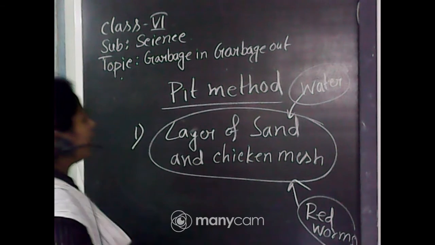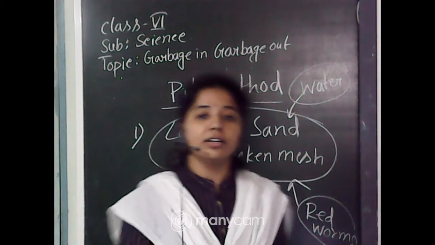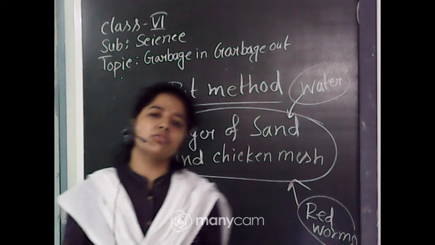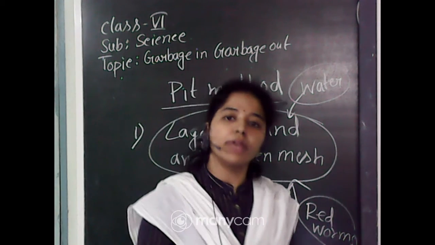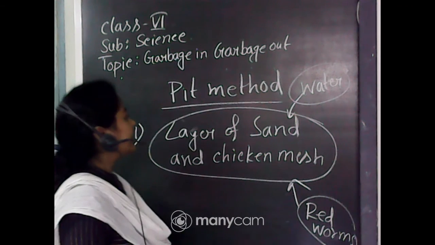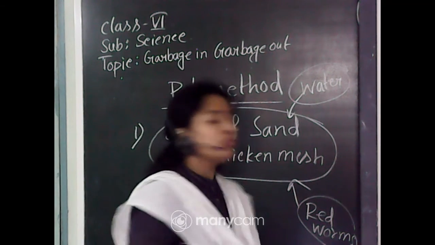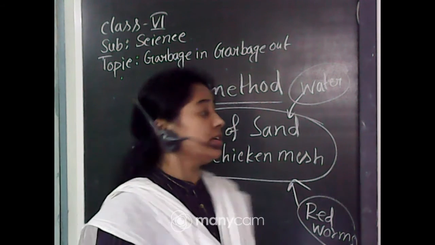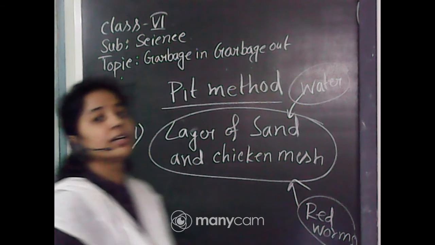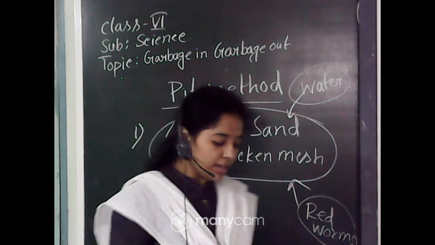Next step after this will be, we should cover this layer with grass or a piece of cloth. Okay, a piece of cloth or cotton. So after making this layer of sand and chicken mesh, we should sprinkle water, then add redworms, then cover this layer with grass or cloth. Okay, so this is the point.